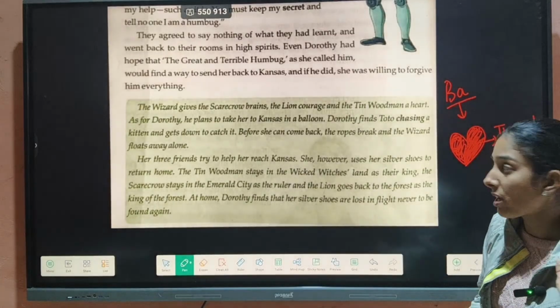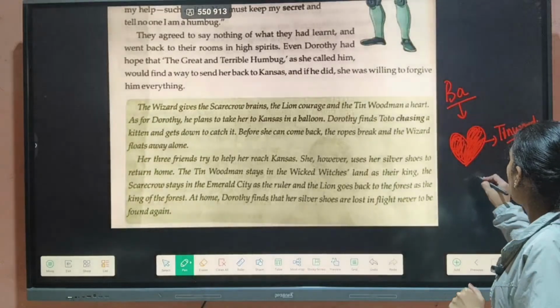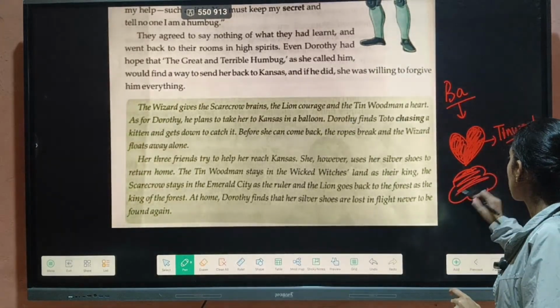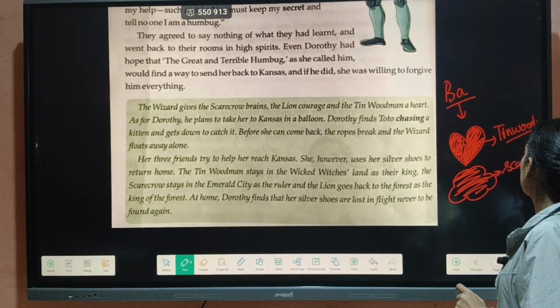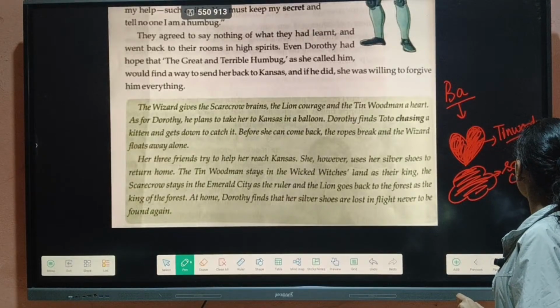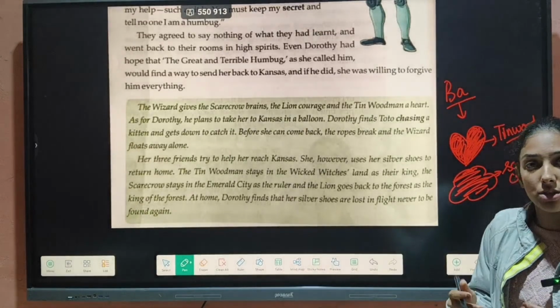Now the Tin Woodman was happy after getting the heart. He took out a dummy brain from his box and he gave it to the Scarecrow.